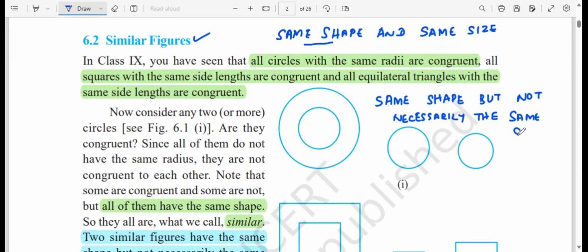The shape has to be the same, but the size can vary. So that is what we discussed.